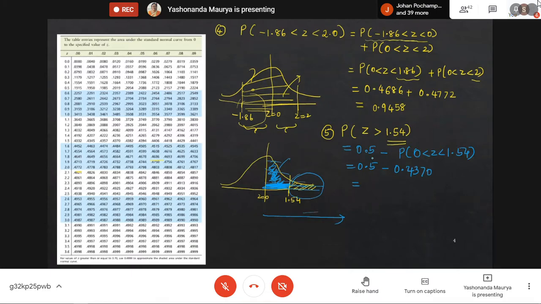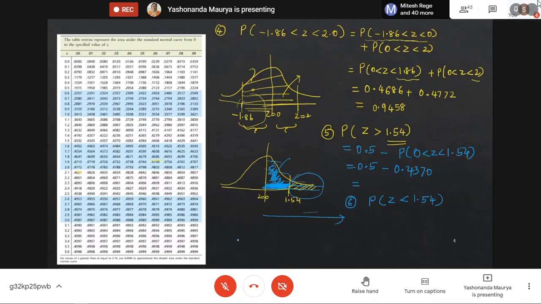Is this clear? Now the next one. Probability that Z is less than say 1.54. If I say probability that Z is less than 1.54, how do we do this one?